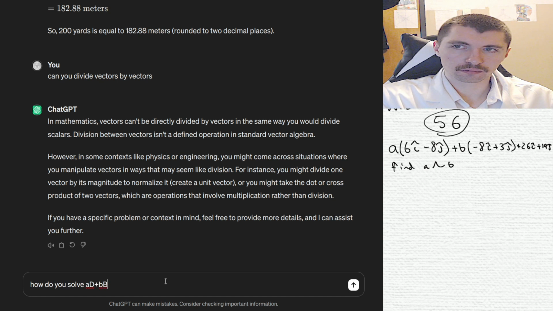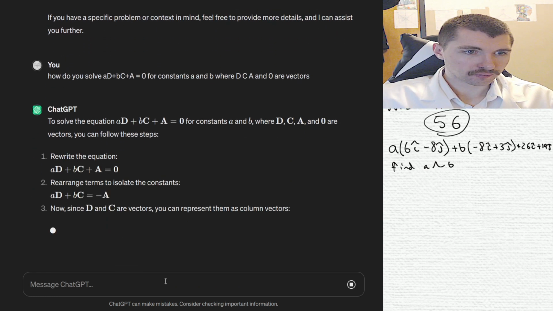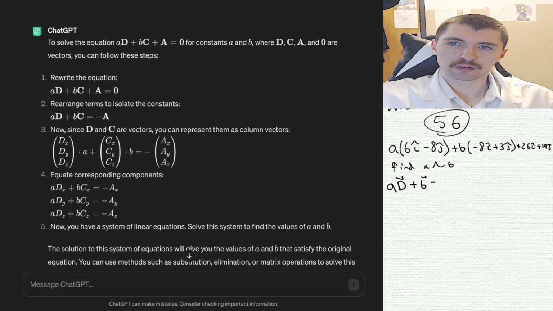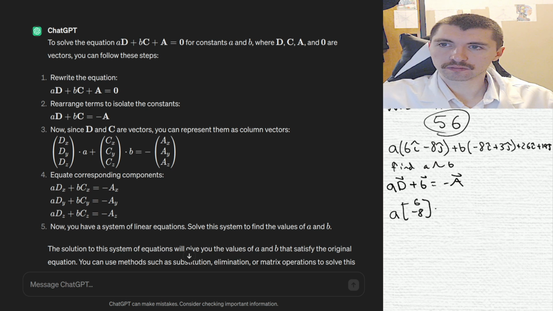Okay. What did I write here? That should be a C. Okay. Plus B, negative 8, 3.